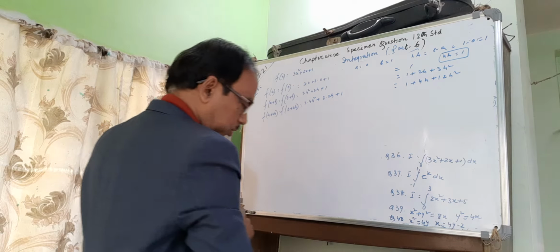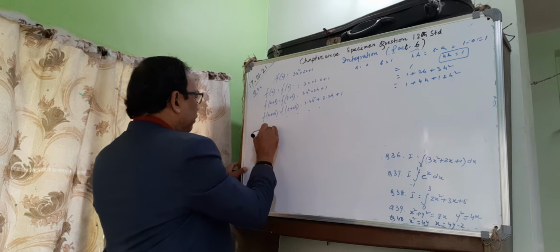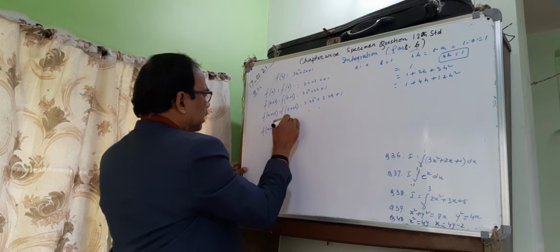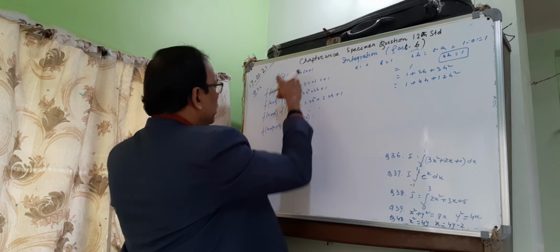Then dot dot dot, up to f(a plus (n minus 1)h), that is f(0 plus (n minus 1)h). Put it here.